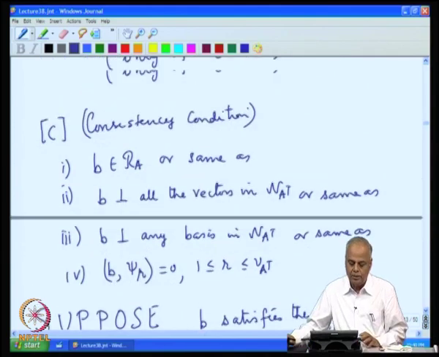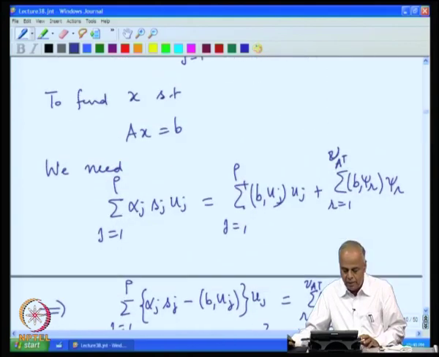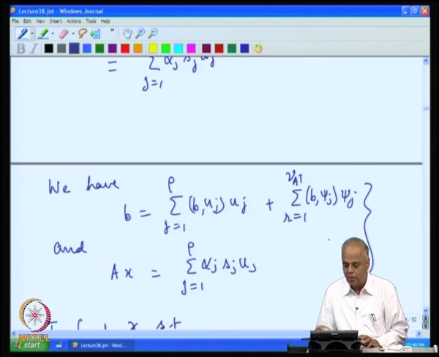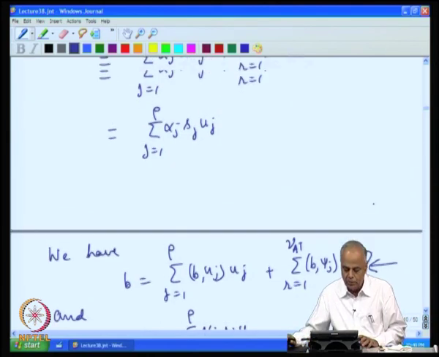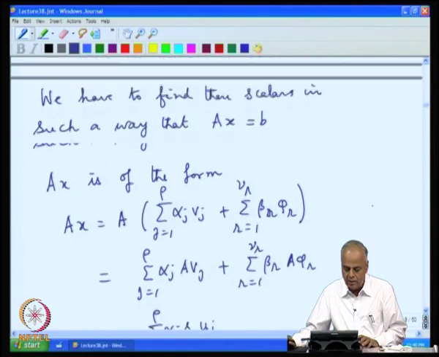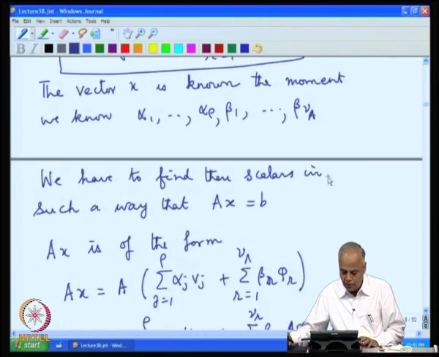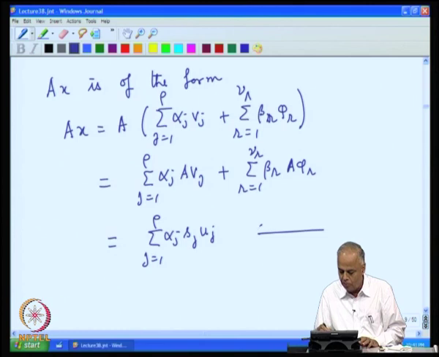So, let us go over what we have done. We had the known vector b. We could expand the known vector b in terms of the basis for the range of A as this expansion. Then we could expand the vector x in terms of the known basis, and we got this representation. Using that, we found that A x must be of this form.